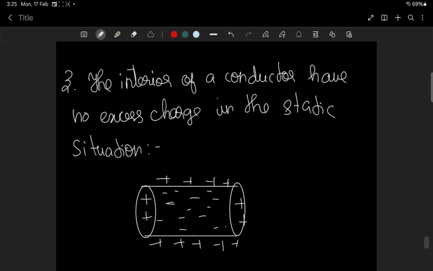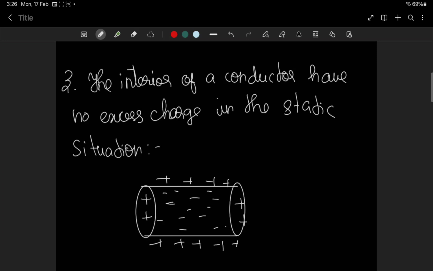That is, a neutral conductor has an equal amount of positive and negative charge in every small volume element. And if there is any extra charge in the conductor, it will reside at the surface only. It can't reside inside because it will disturb the equilibrium of the metal.